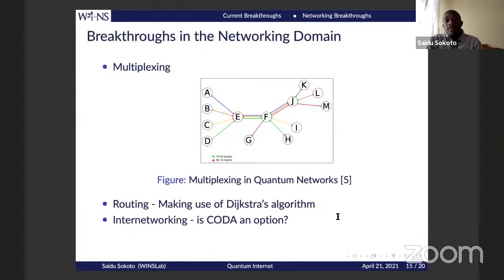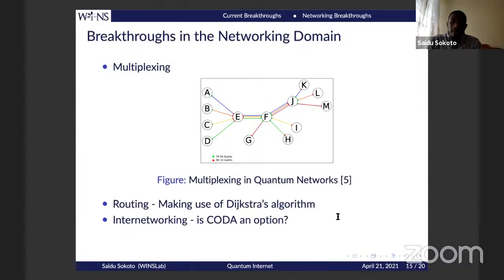Moving on to other things like multiplexing, which is basically how resources or channels are shared between competing entities, and how quantum memories, of course, if we're talking about the quantum internet, are managed, all these things.